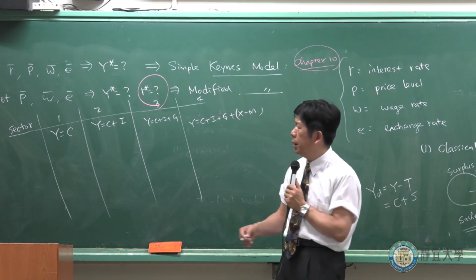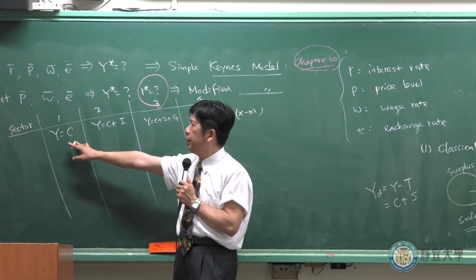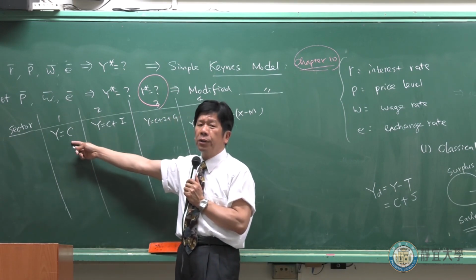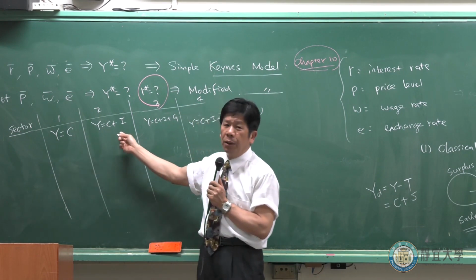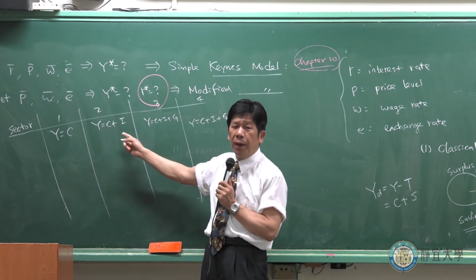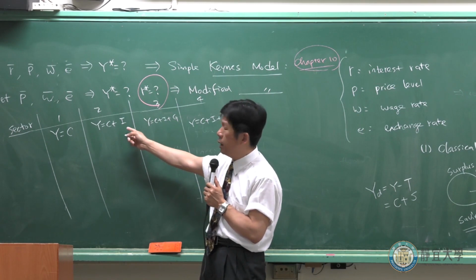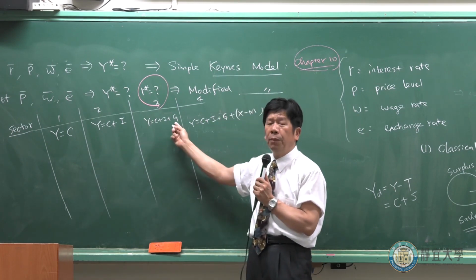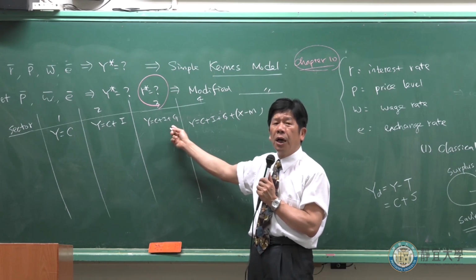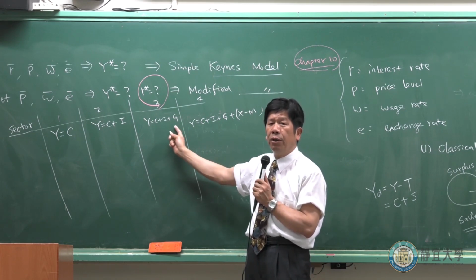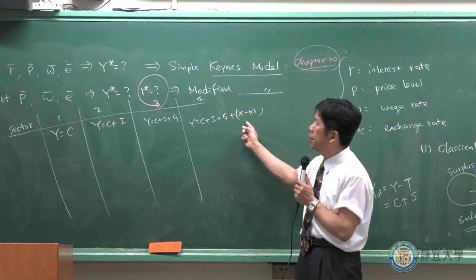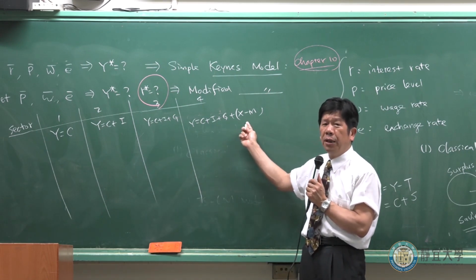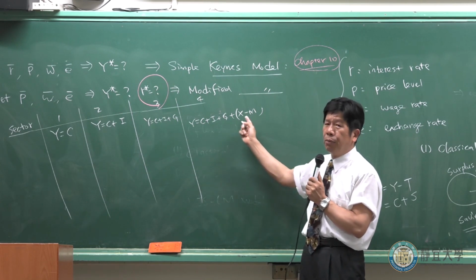So here, with one sector, Y equals consumption. Two sectors, Y equals consumption and investment. The three-sector model includes government spending, Z. And the fourth sector is export and import, so this is net export.